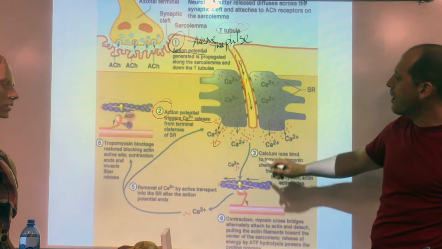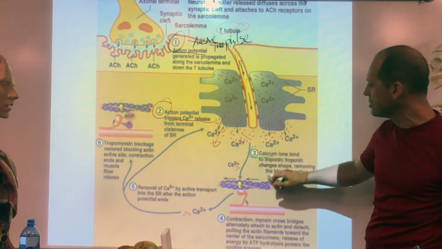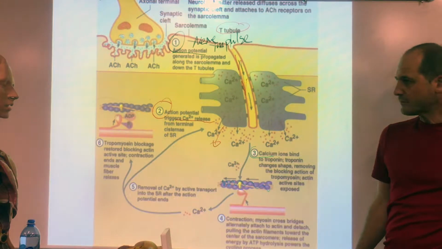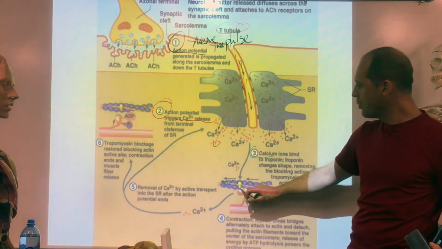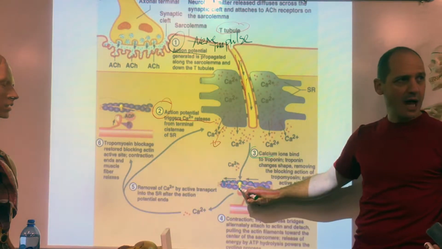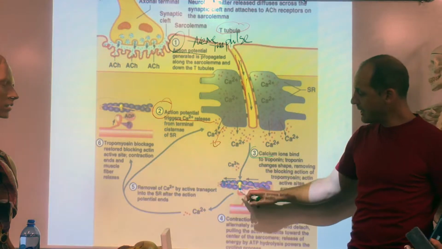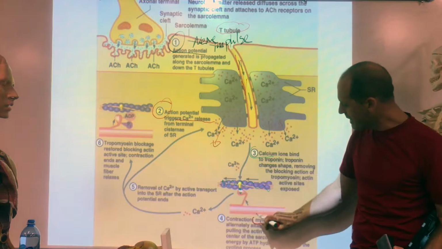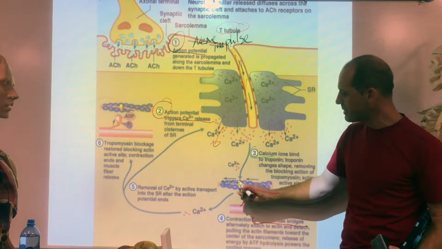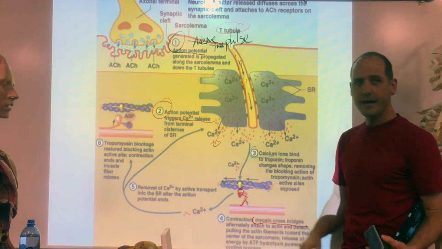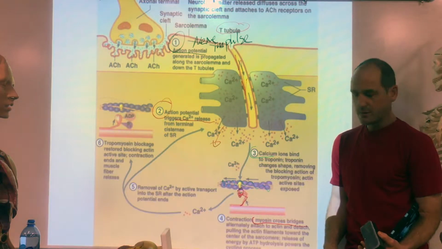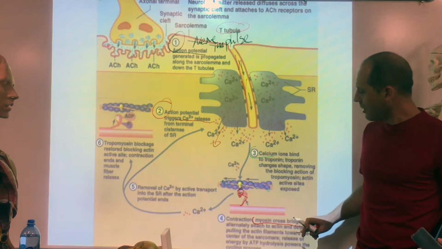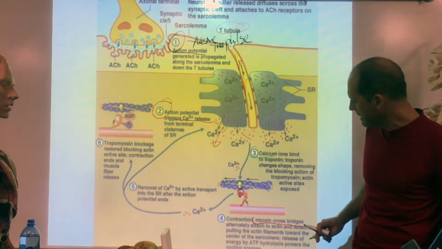And then the calcium binds to the actin and exposes that active site. And at that moment, the contraction begins because the myosin heads can glue onto it. It's a magnet. They call them myosin cross bridges, alternately attached to the actin and detached.